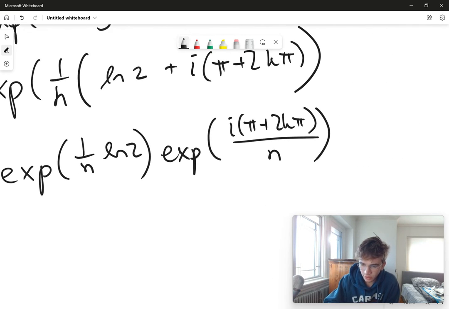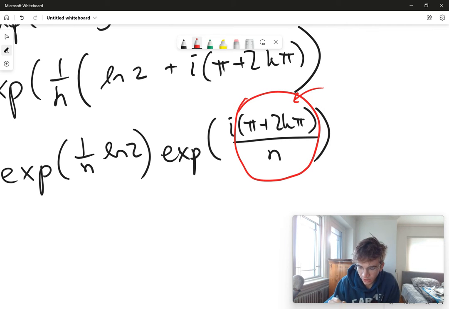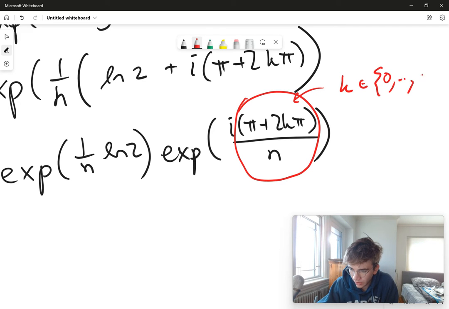And here, if I look at the angle, the argument of this exponent here, it only takes unique values from k within 0 to n minus 1.